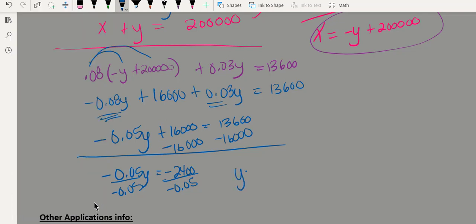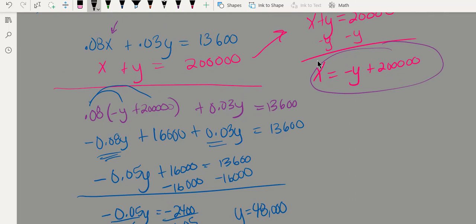So my Y value is $48,000. Okay, now once you have solved for this, remember you need to go back and plug this into the original. An original means something that we did not change, meaning we did not manipulate by multiplying or dividing or anything like that.